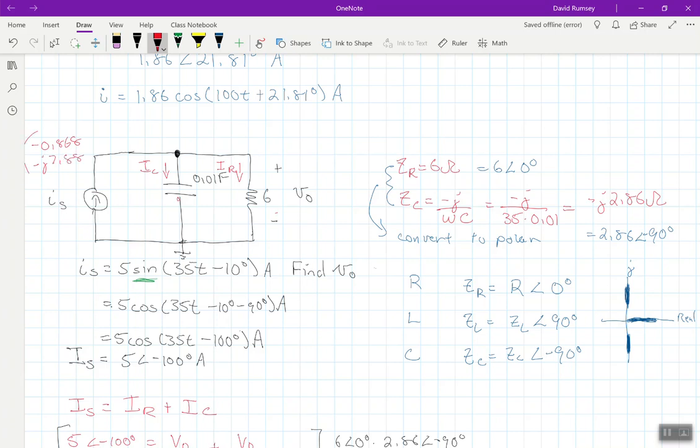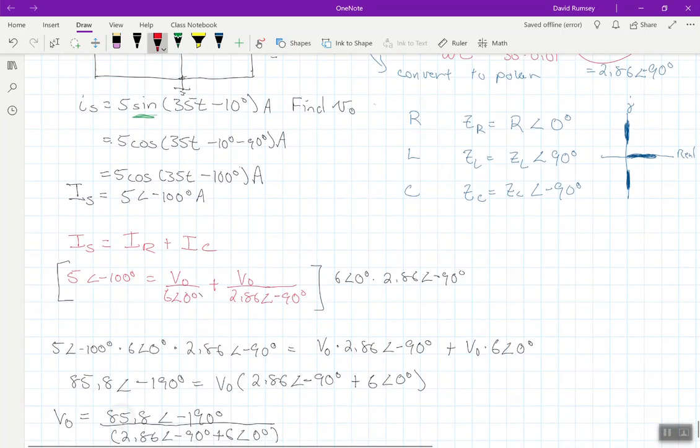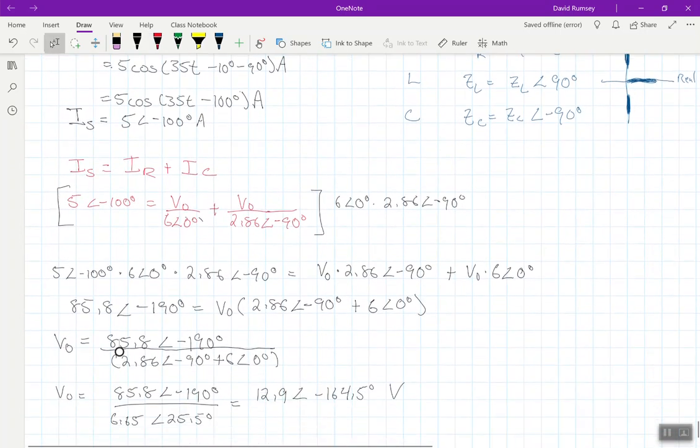So this here would be your current, and then you would use this number and this number for your impedances, and then you could still use the same nodal analysis technique to solve the problem.